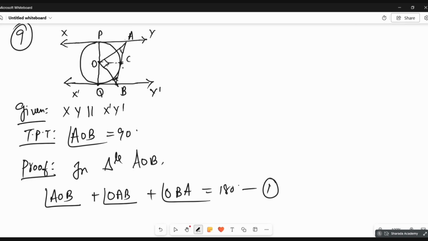PA is equal to AC. Why is PA equal to AC? Because they are tangents from the same external point. Then we have BC is equal to BQ. They are tangents from the same external point.